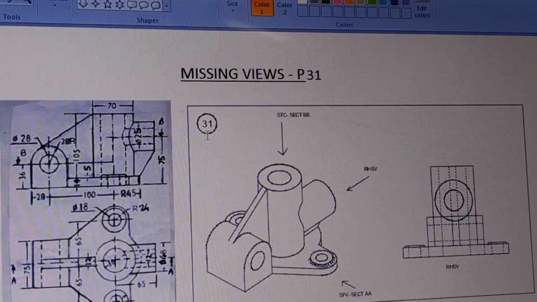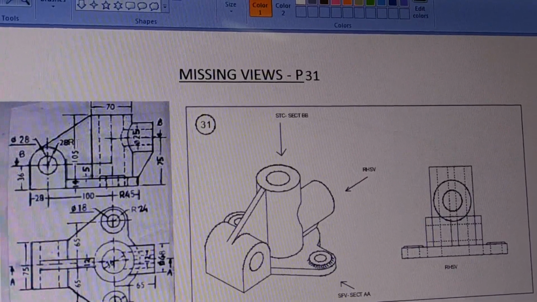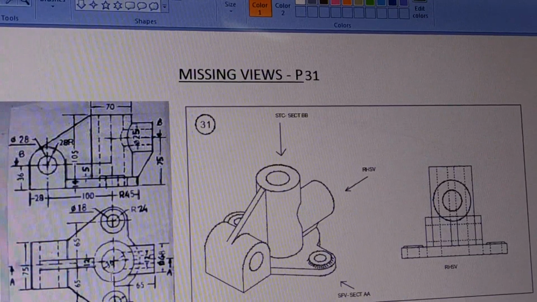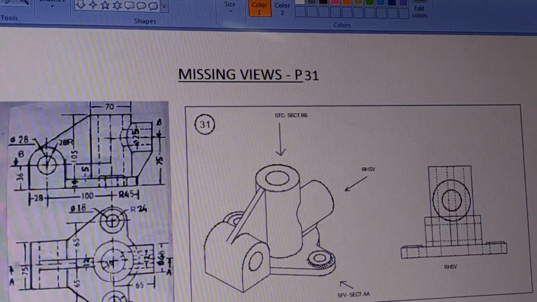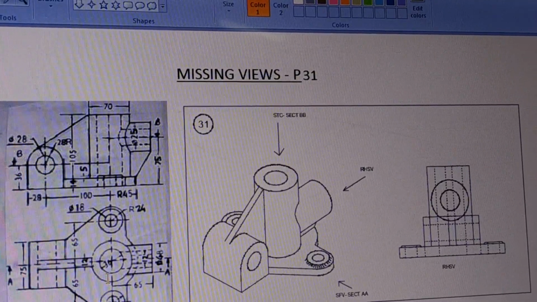As you can see here, problem number 31 is there. So again they are giving you a sectional front view and then the top view, which is shown here. And according to that, we have to draw the given views.